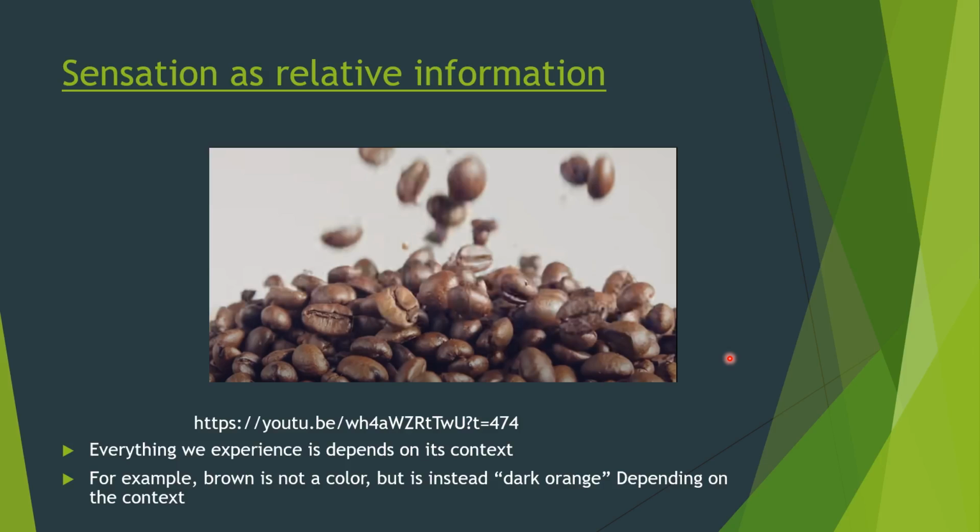But how do you make brown? Turns out that you make orange and then you make it darker. We perceive brown based off of the relative difference between the orange and whatever context it's presented with. So go ahead and watch this video.